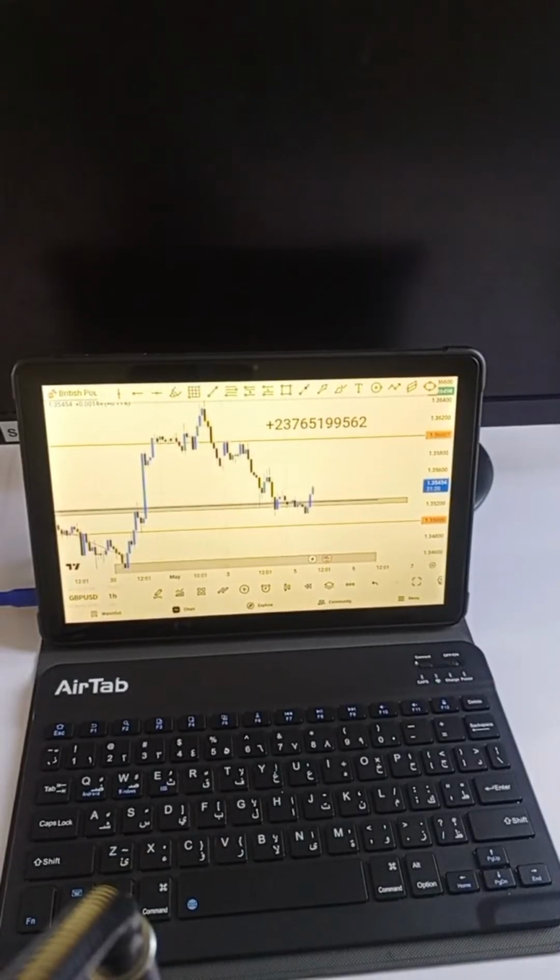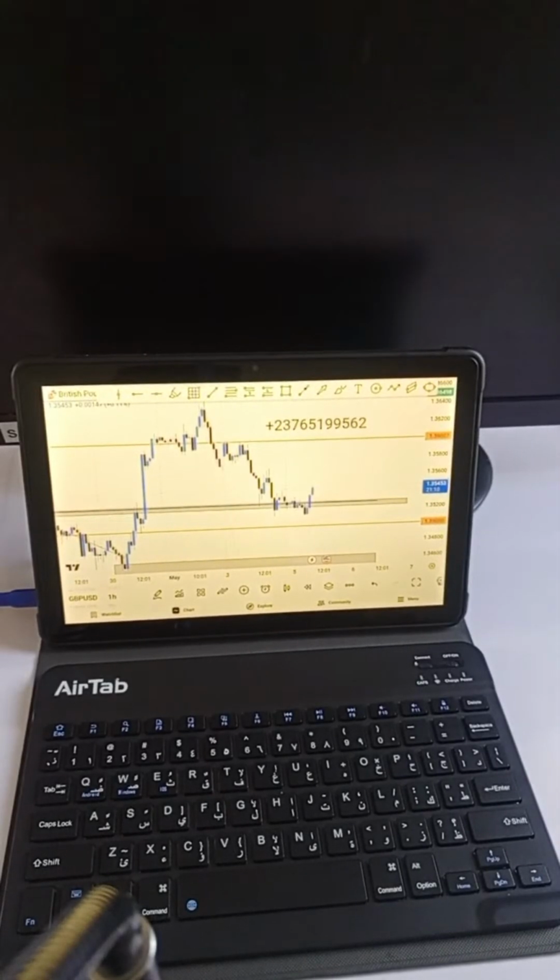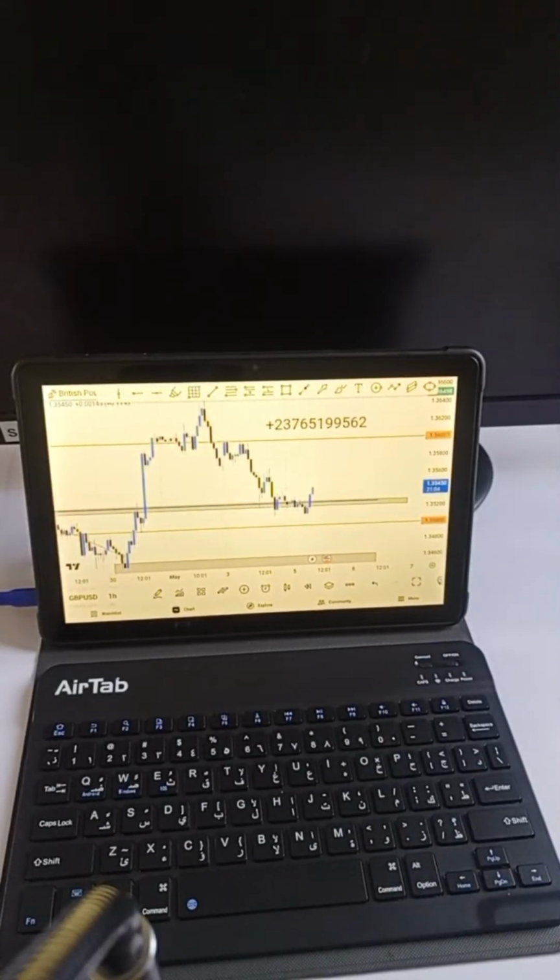What matters most is who is using the strategy, who is using the system. Because strategy is just about 10 to 20% of your profitability. The rest is more of psychology and risk management. Psychology and risk management.